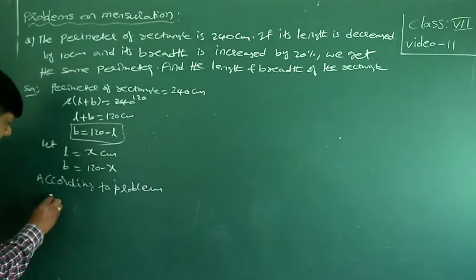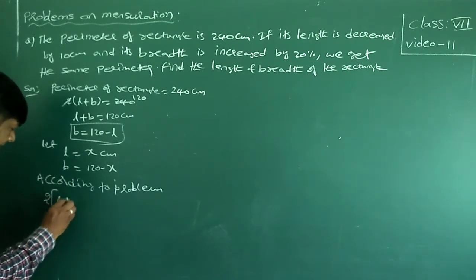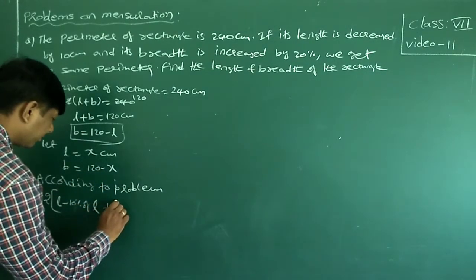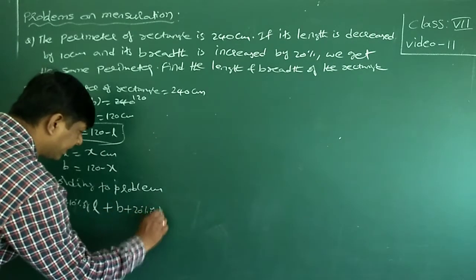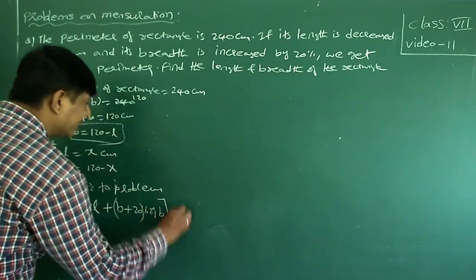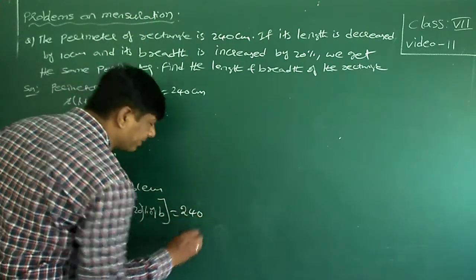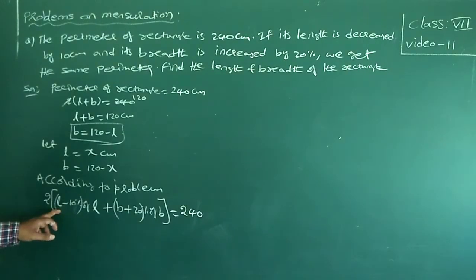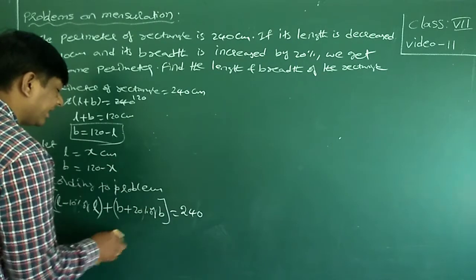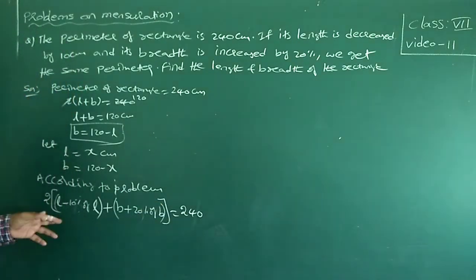Means 2 into (L minus 10% of L plus B plus 20% of B) is equal to the given perimeter, 240. The length is decreased by 10% of L and the breadth is increased by 20% of B, then the perimeter remains the same, 240.